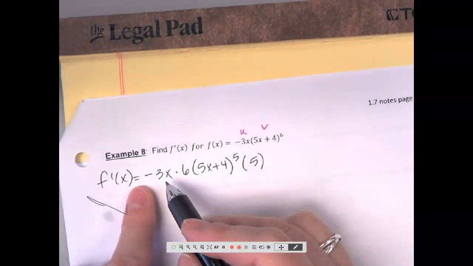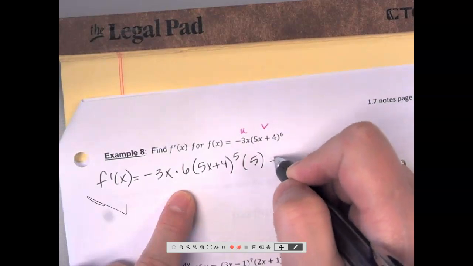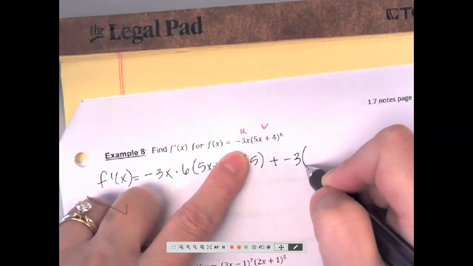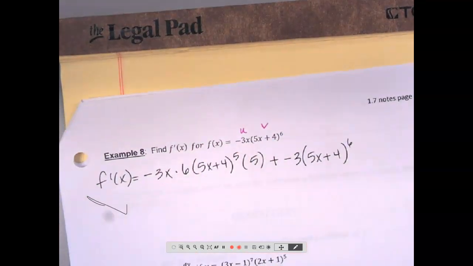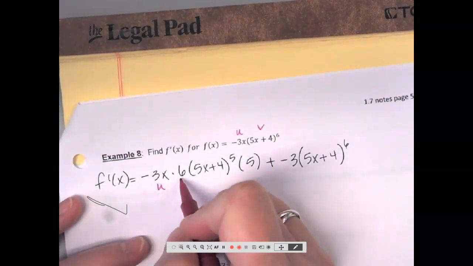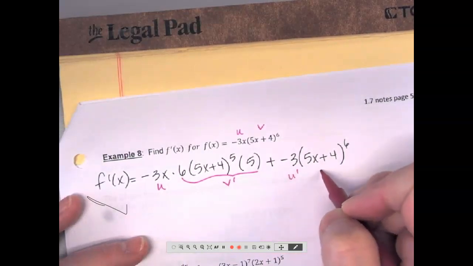Okay, so that's u v prime plus u prime v.